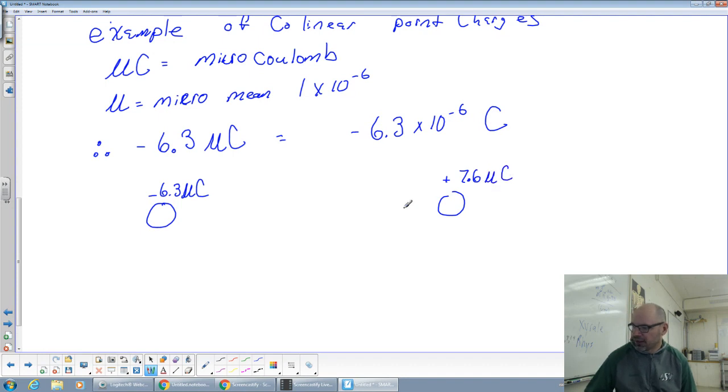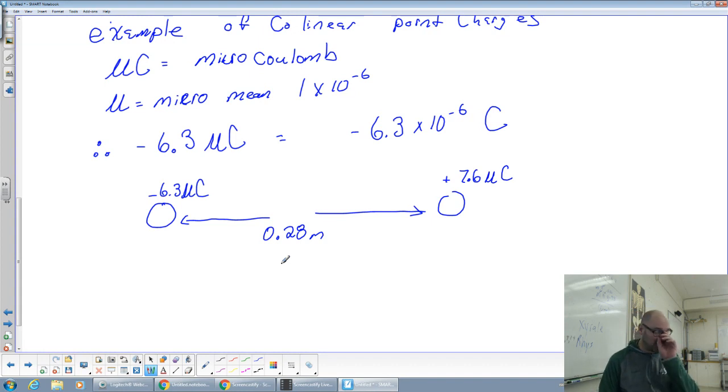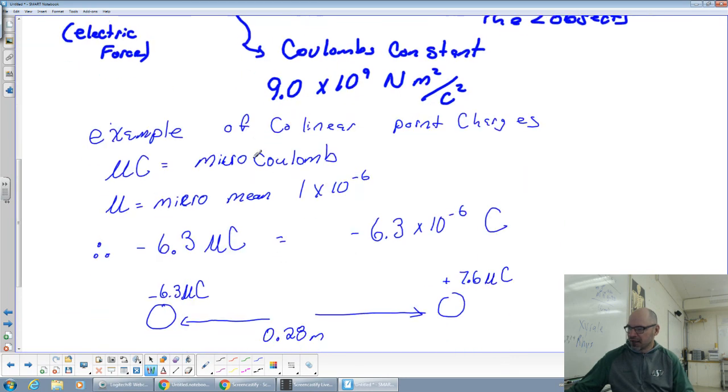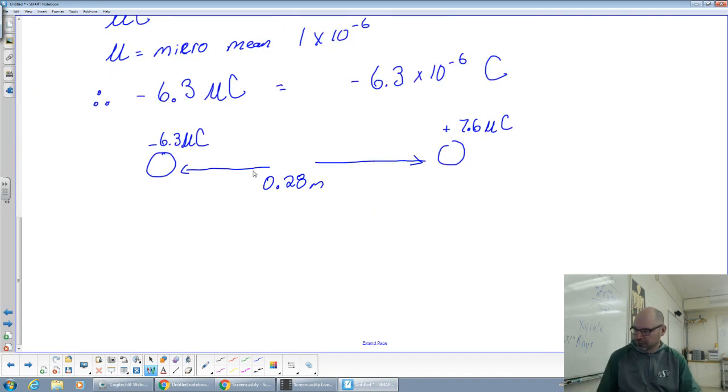And we have a distance between the two of 0.28 meters. Okay, so the first thing we got to do is write our variables down and make sure they're in meters and coulombs for our equation. And we can use that equation and we'll get a force in newtons.